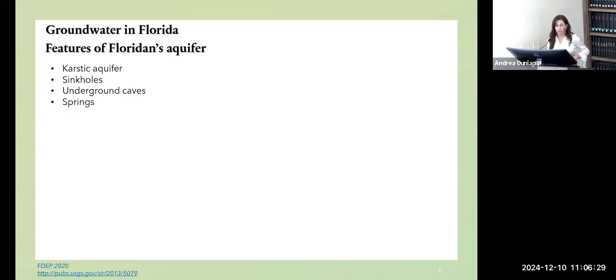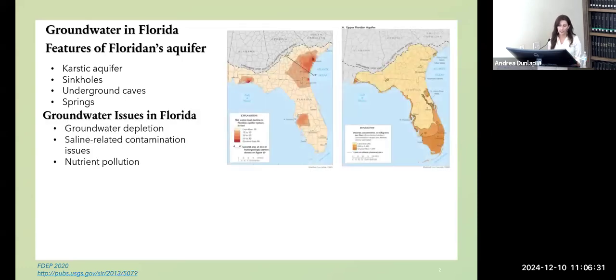And it's very important to take that into consideration when we do the research, because if there is an issue in groundwater, then the issue will be observed in surface water. So one thing about Florida's water system is that the surface water system depends on the contribution of the groundwater here.